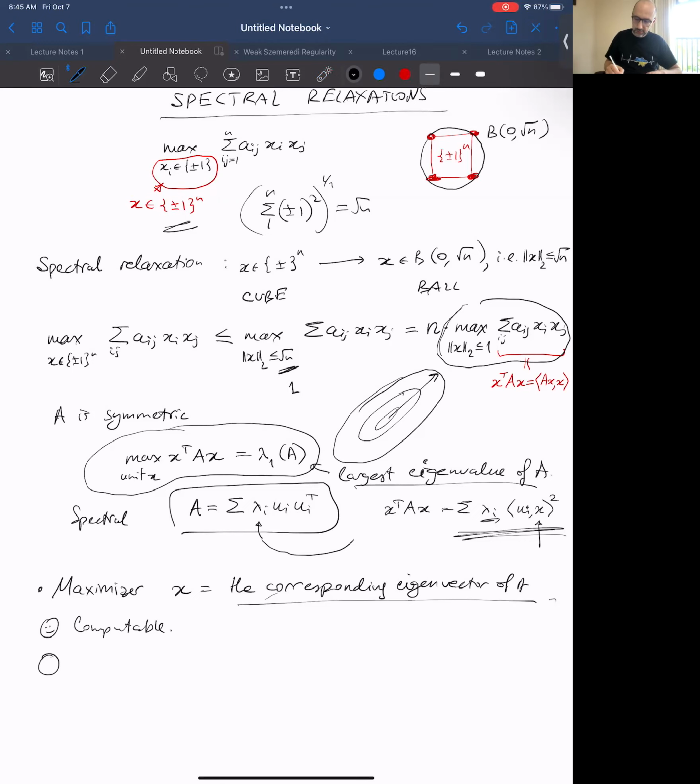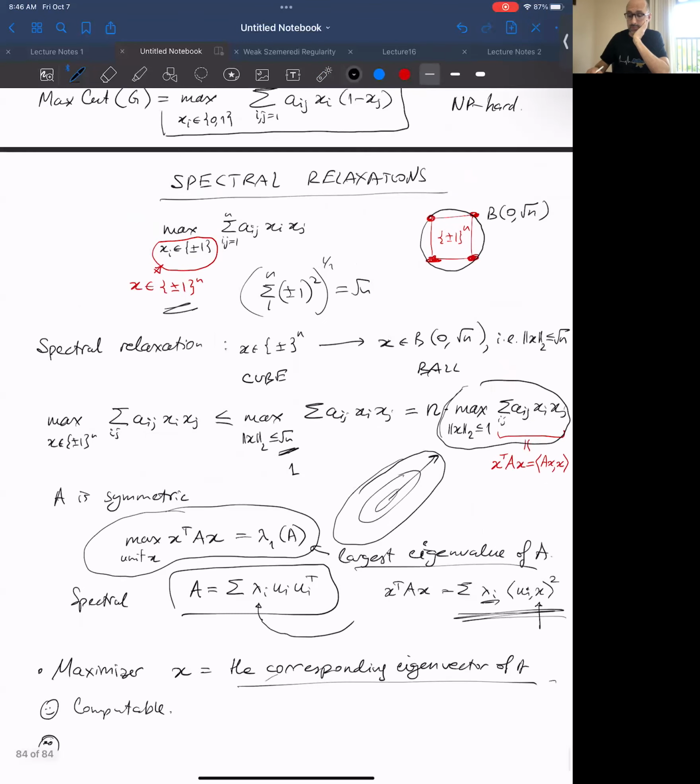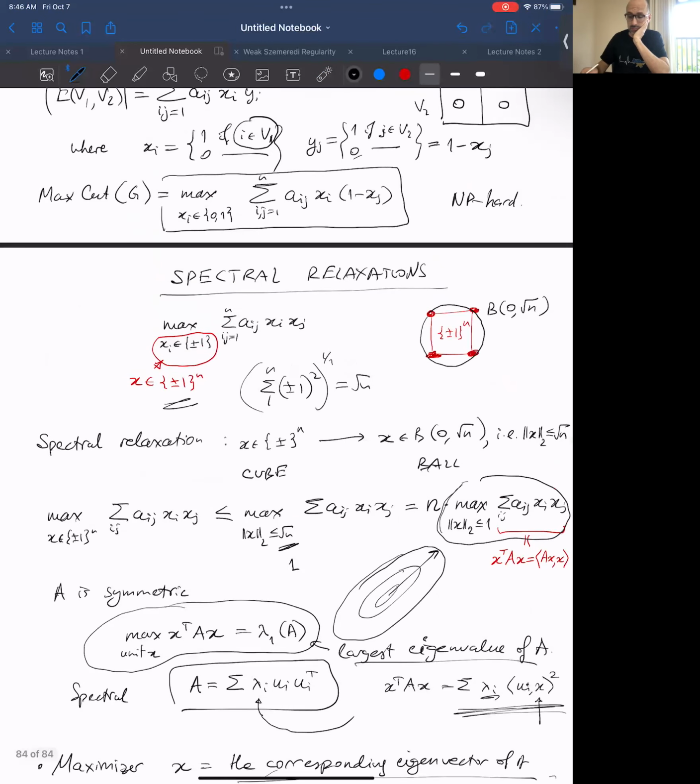What's bad? Why is this not solving all our problems? What do you think? Because it's a slightly different problem. Yeah, actually, it's a slightly different problem. We replace it with a larger set, so we get a larger maximum. Okay, and we have some solution x to that. How do we know we can go back to the original problem?